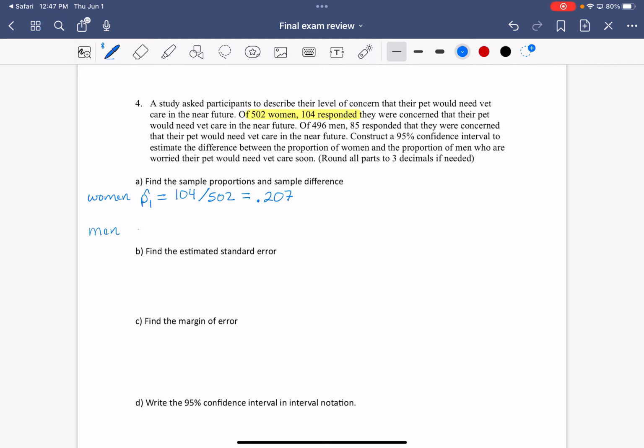Similarly, then, for the men, that'll be P sub 2 hat. For the men, where is it? Right here. We were told 85 responded that the men were concerned out of 496. So 85 out of 496. And that will give you 0.171.